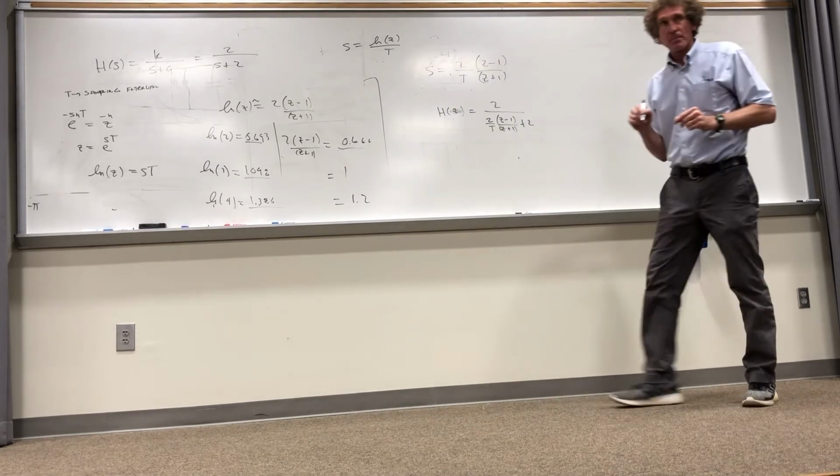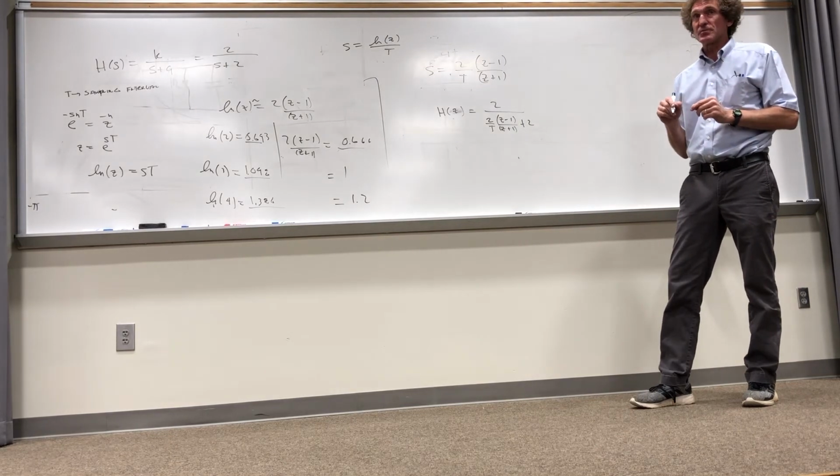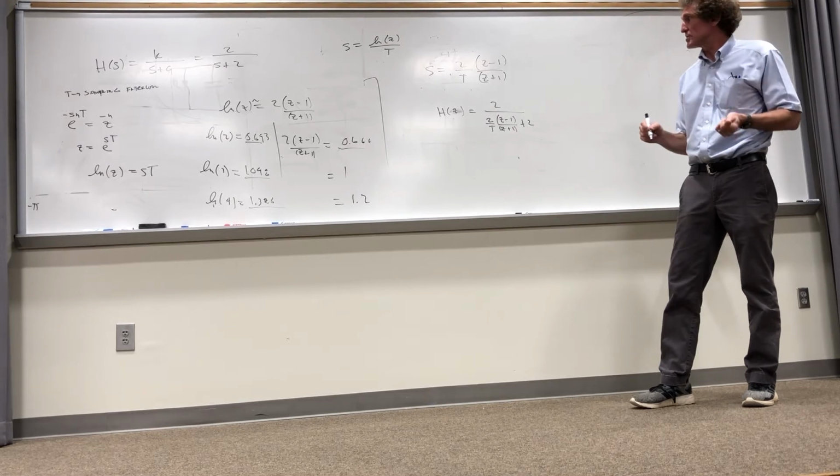You all see that? The only thing I did is replace the S with 2 over T times Z minus 1 divided by Z plus 1. I've stuck in the approximation.